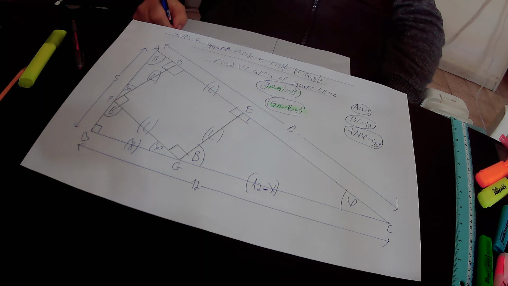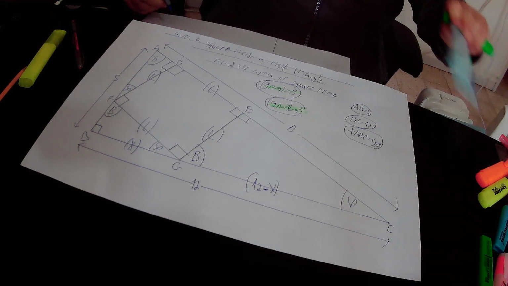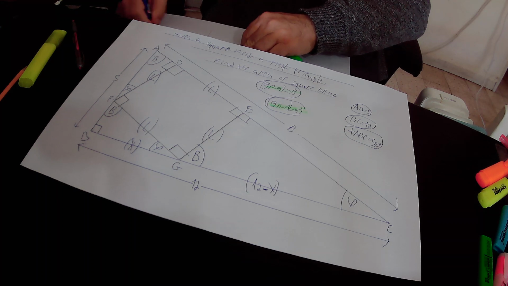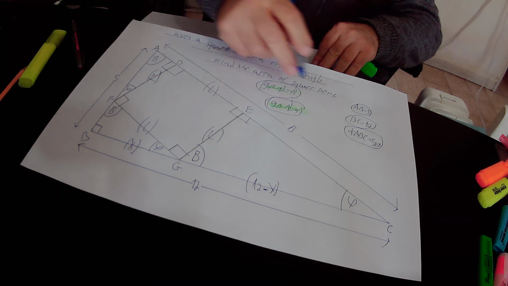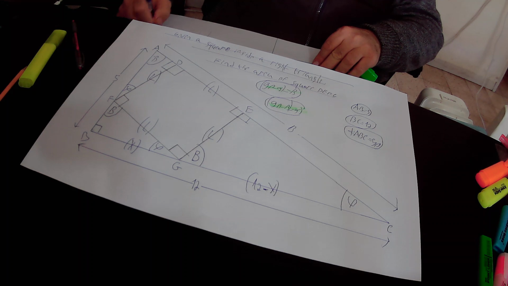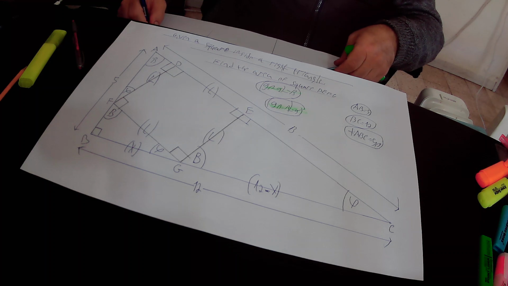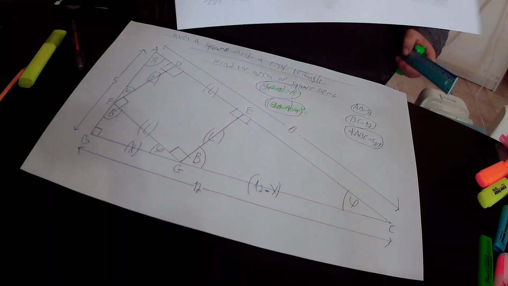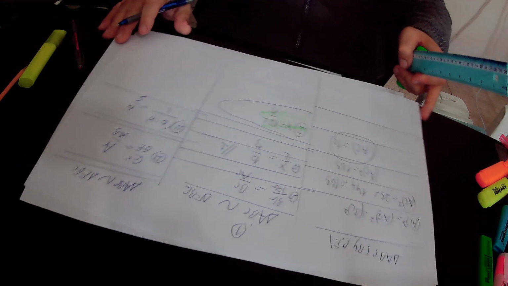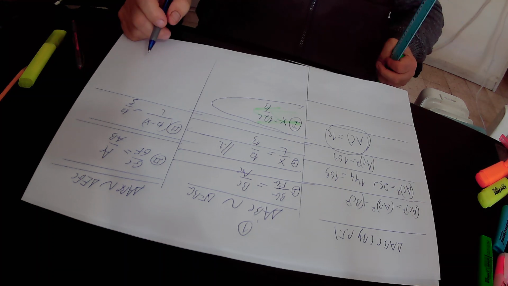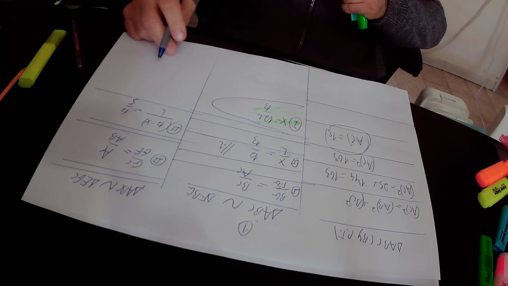GE is L. And it equals AC, AC is 13, over AB. AB is 5. So in conclusion, according to equation 2, 12 minus X over L equals 13 over 5.